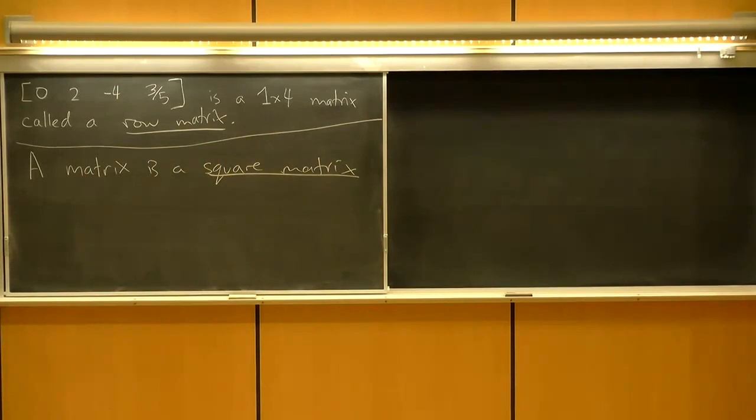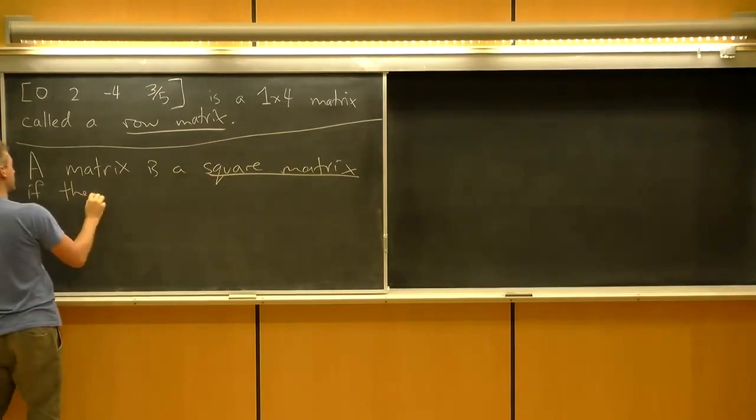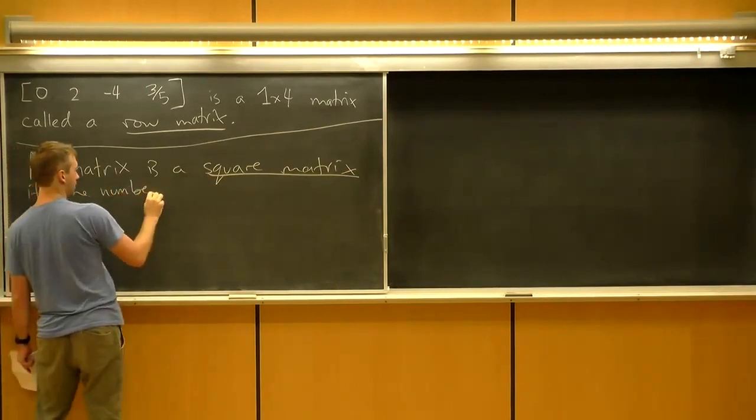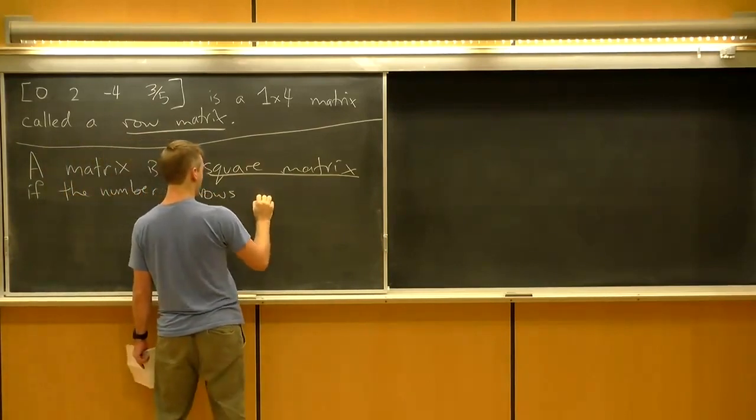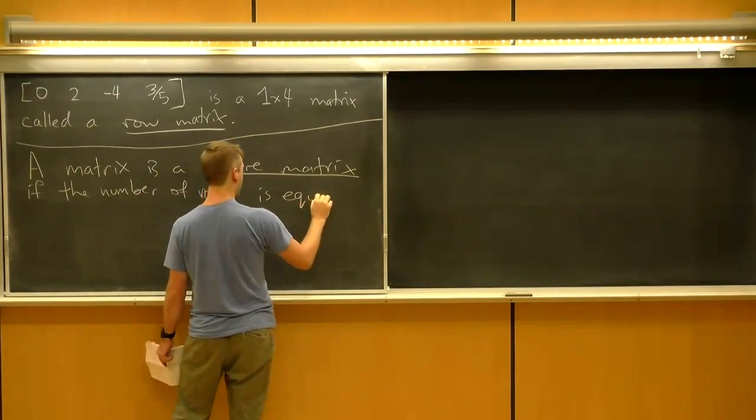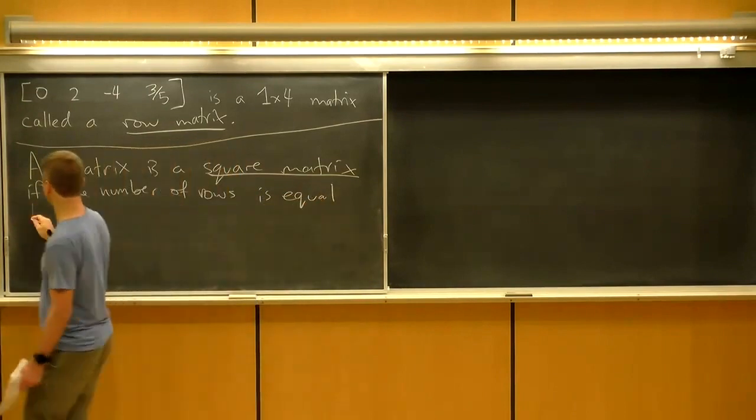Basically, if you have the same number of rows as columns, then it's square, so if the number of rows is equal to the number of columns.